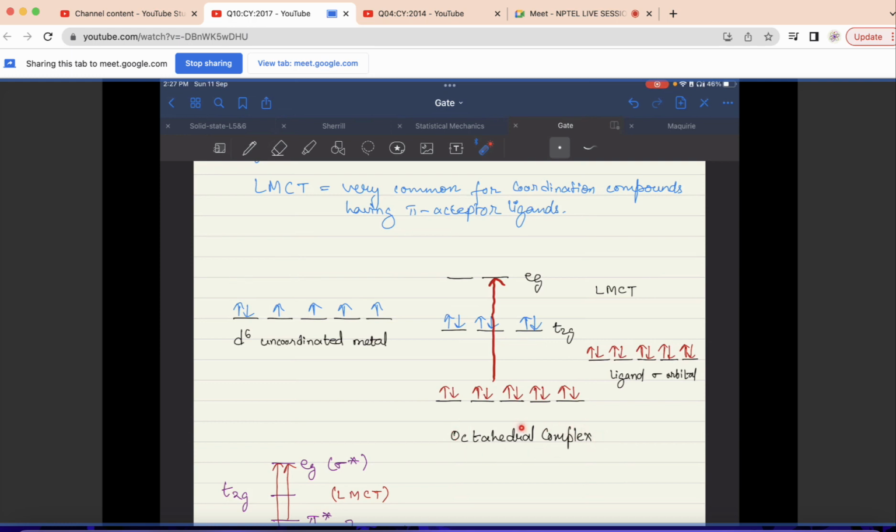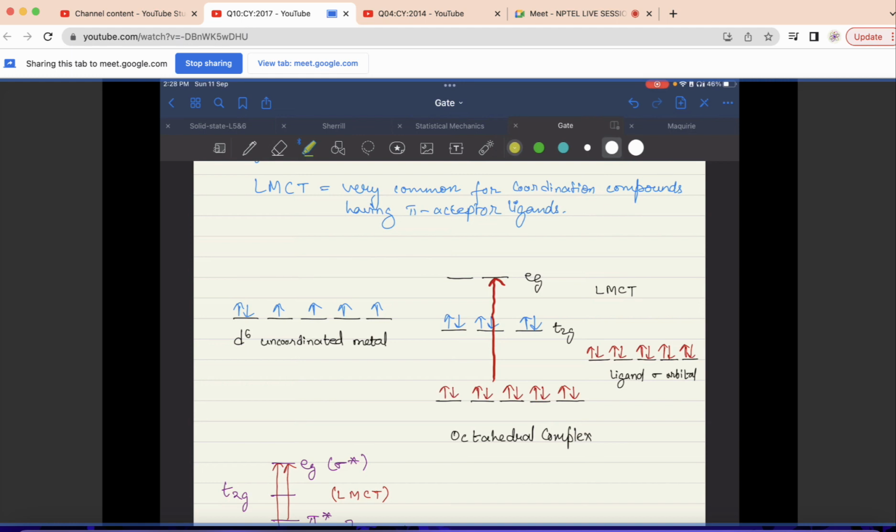In an octahedral complex, the molecular orbital diagram of the given complex will look like this, where the splitting of degenerate d orbitals takes place in the octahedral field into T2g and Eg orbitals, and then the LMCT will take place from the sigma orbital here to the one which is empty.